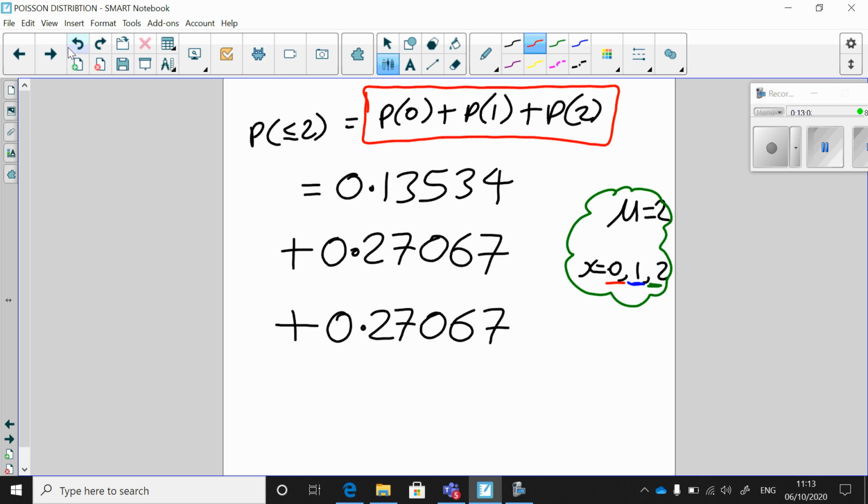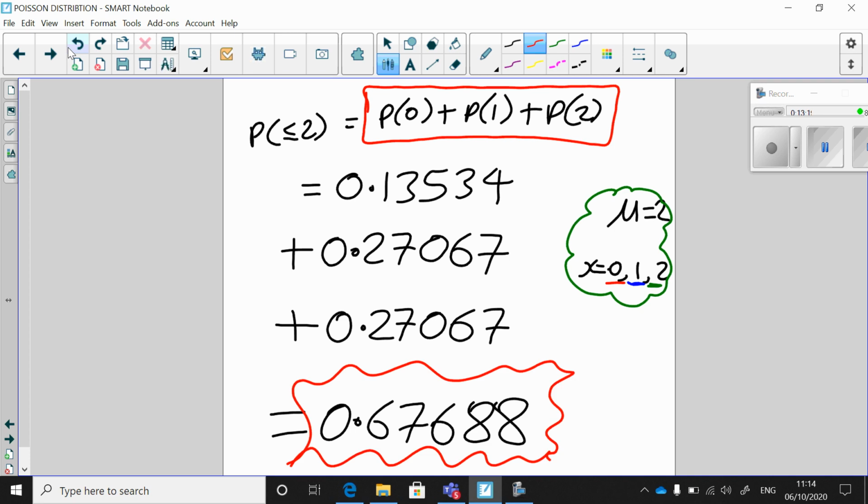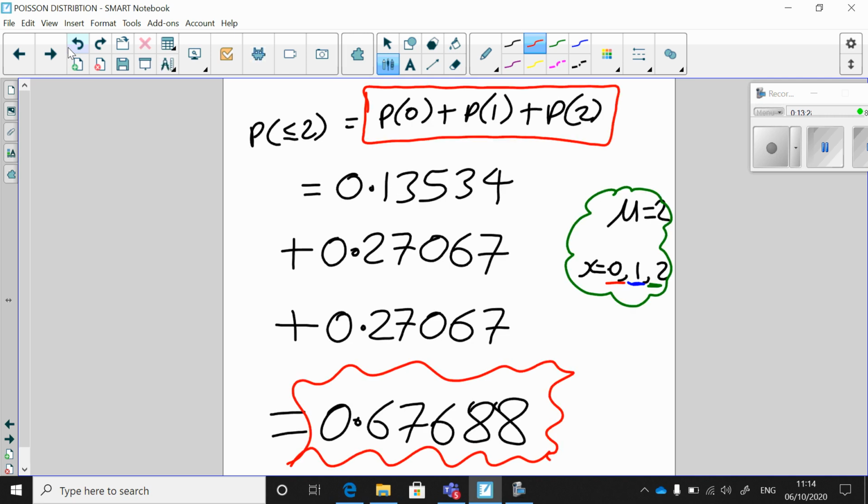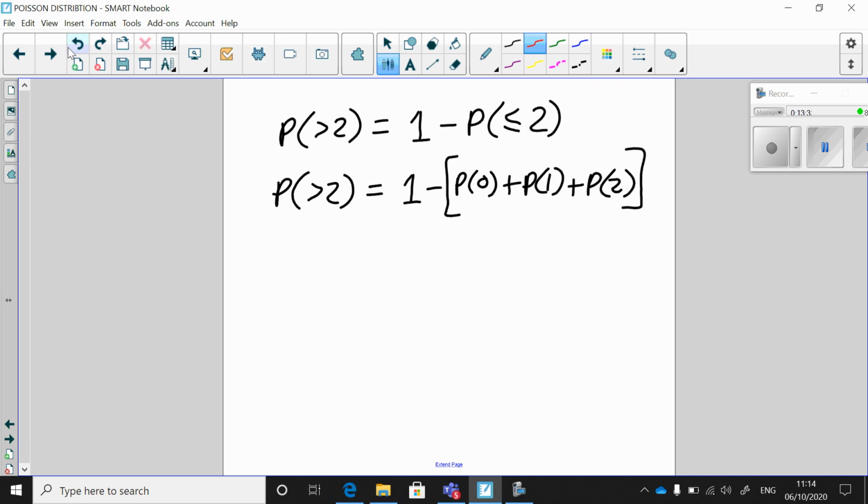Right, let's add them together and hopefully our answer will be between 0 and 1, because we're dealing with probabilities here. There you go, it's between 0 and 1. That was the part in the bracket, my P0, P1, P2, so I'm going to bring that back into the rectangular bracket.